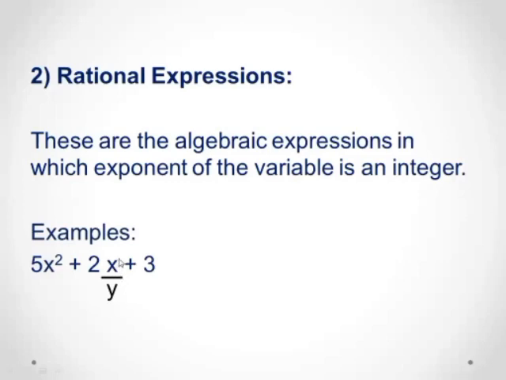Power of the variable x is 1 and y, if I write it in the numerator, it will become y raised to the power minus 1. So here in this term, we can say that power of the variable is, in the numerator it is a positive number, in the denominator it is a negative number. In the last term, which is 3, is written all alone. So here the power of the variable, we can consider it as 0.